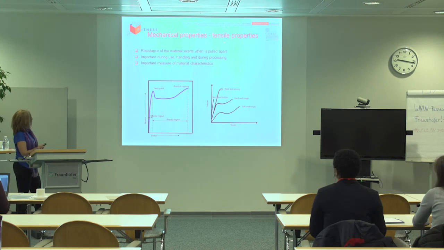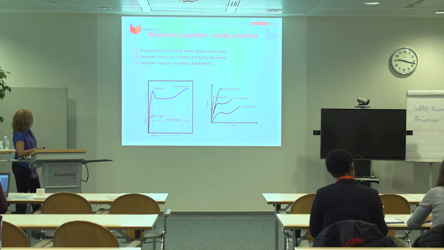The tensile properties are defined as the resistance the material exerts when it's pulled apart, very simply said. And I'm sure that all of you have seen this type of curves when we plot the stress, that's the force divided by the area, with the strain, that's the elongation in percentage of the material.